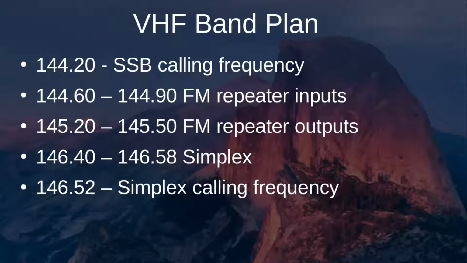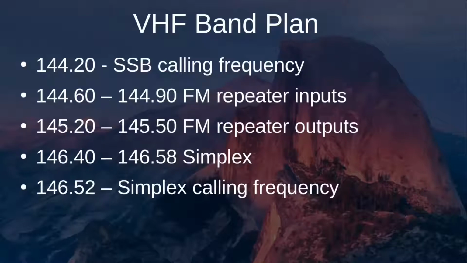So you're not going to want to operate potentially simplex or have a QSO on a repeater input. And 145.20 to 145.50 are the repeater outputs. And there are other allocations for the 2-meter band plan for repeater inputs and repeater outputs. These are just some of the examples.